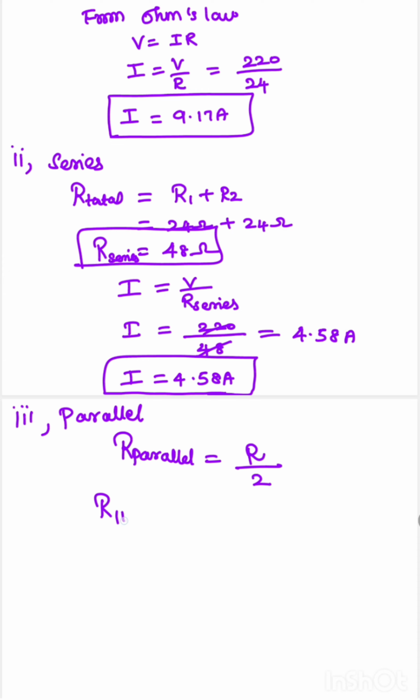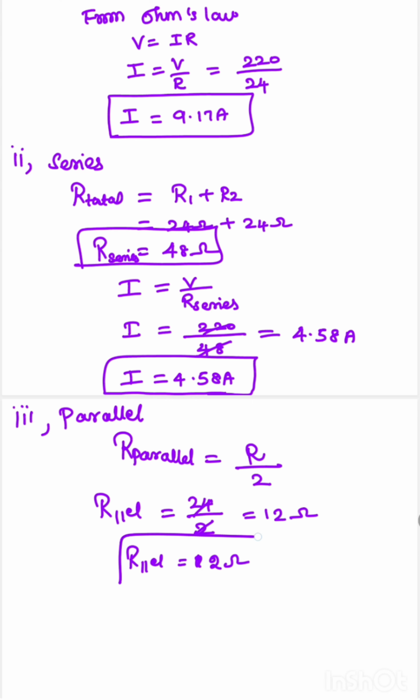So R parallel is equal to, what is the R value? That is 24 divided by 2, which is equal to 12 ohm. So R parallel is equal to 12 ohm.